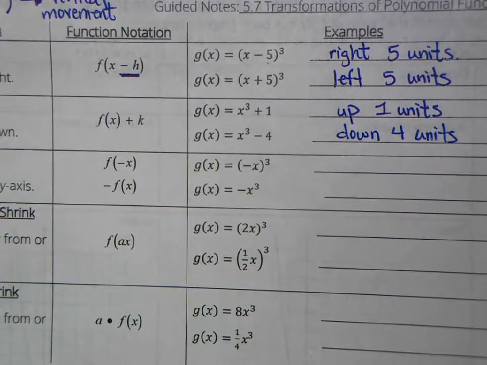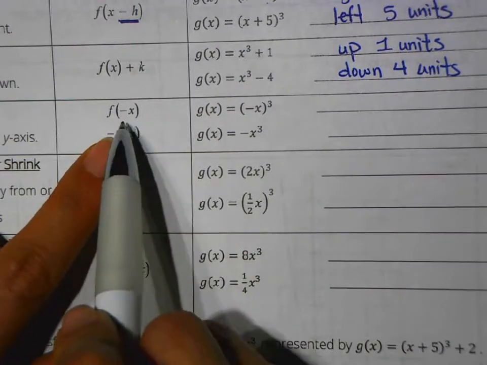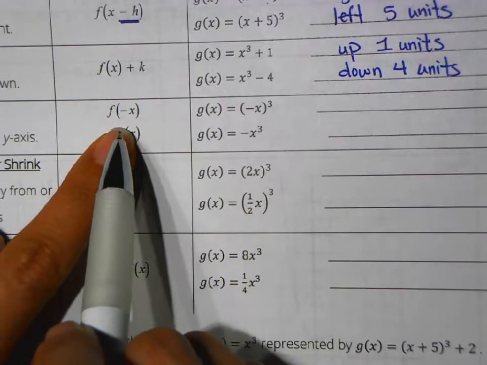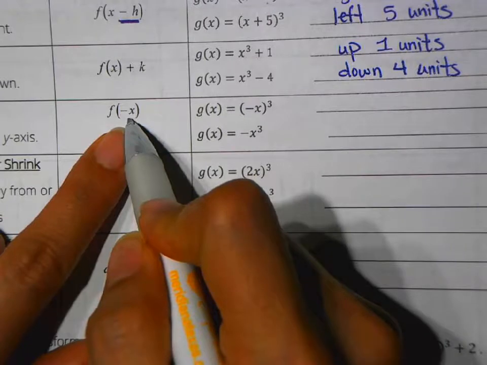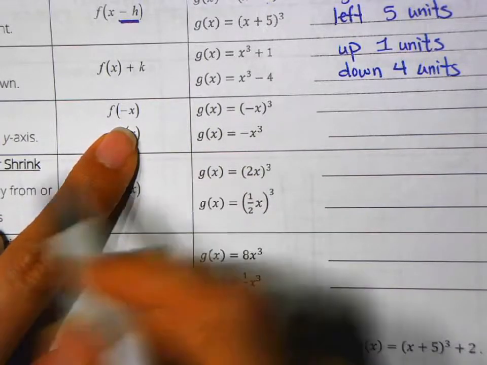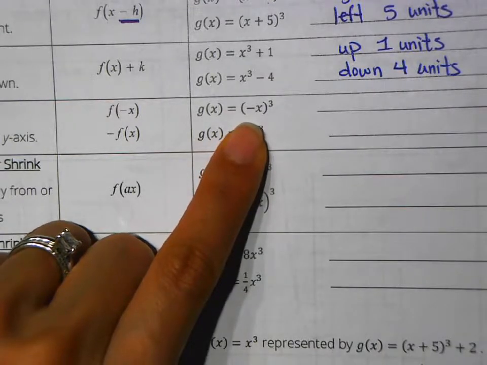All right, reflection is a little tricky. When you're multiplying by a negative, that's the same thing as a reflection. And this negative is multiplied only to the x. It's on the inside of the parentheses, just like this one, g(x) = (-x) to the third power.